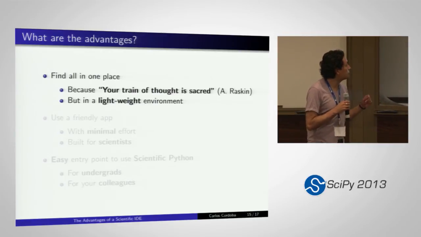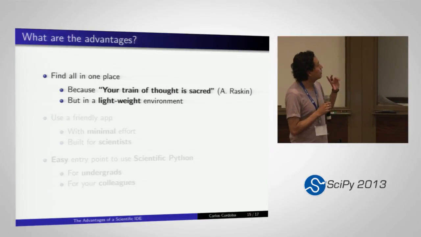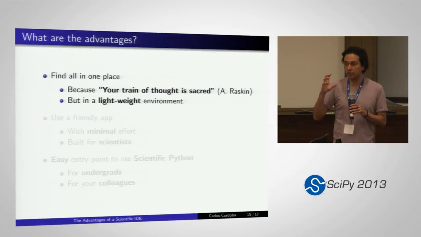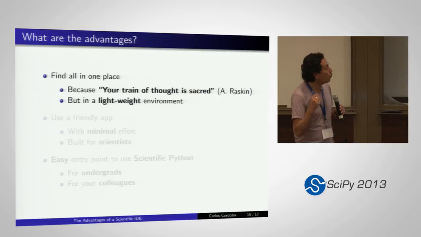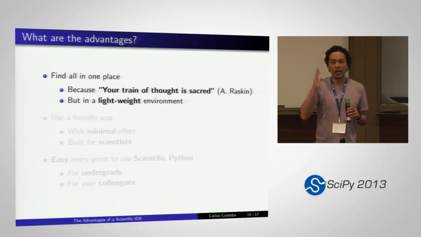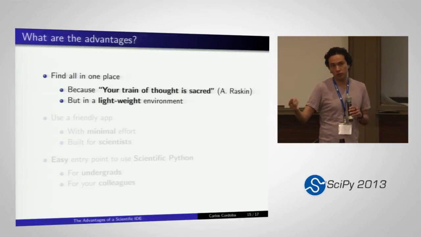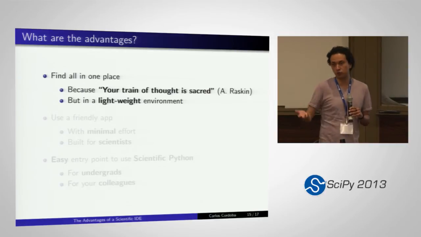What that means is that if you are very, very concentrated during problem-solving, you don't want to be interrupted. And interruptions are, oh, I have to go to Google to look for that. And when you go to your browser, maybe you find your Twitter page open, and you start to read your tweets.